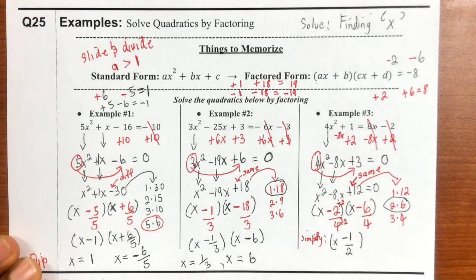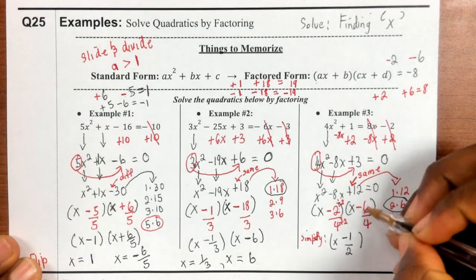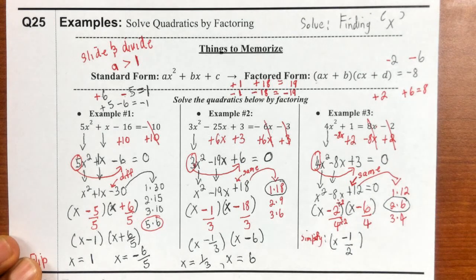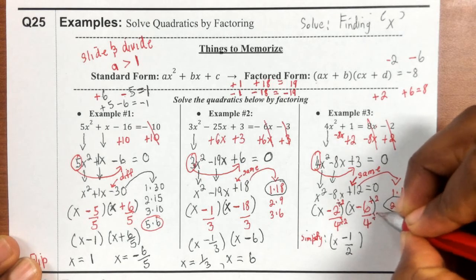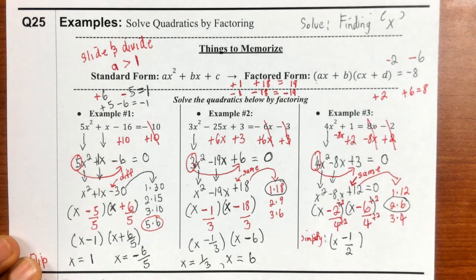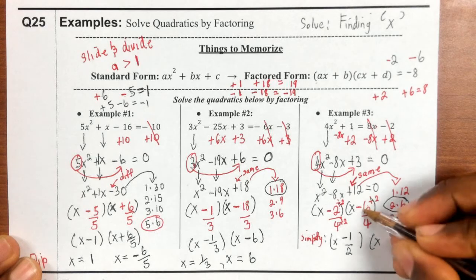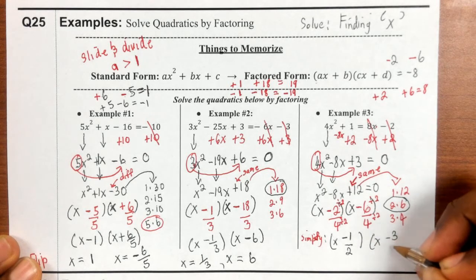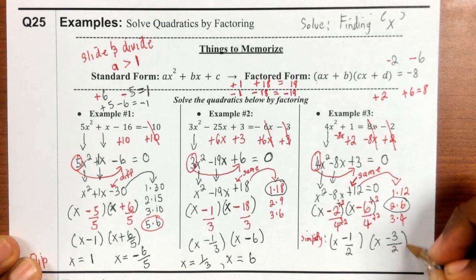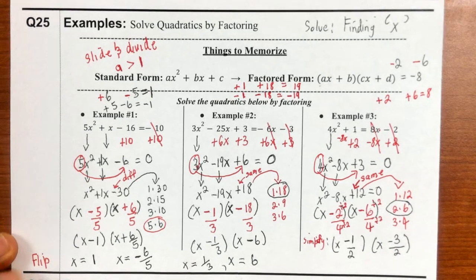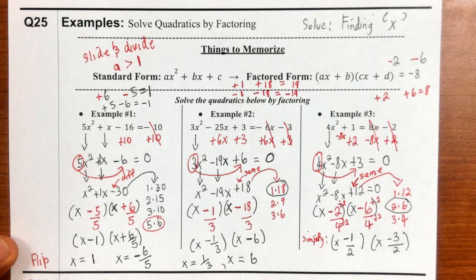So here, the 6 and the 4 can also be simplified because both of them are also divisible by 2, okay? So when I simplify that, I'll get x, negative 6 divided by 2 is negative 3, and 4 divided by 2 is positive 2. Okay? So now we're going to do our final step, which is to flip the signs.